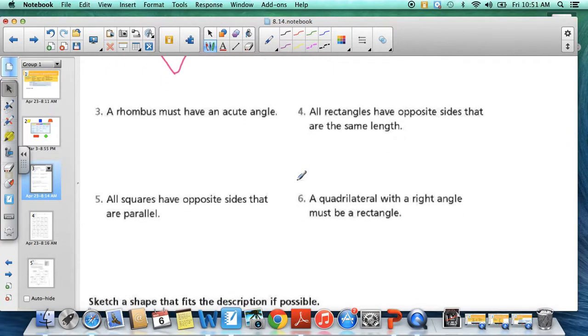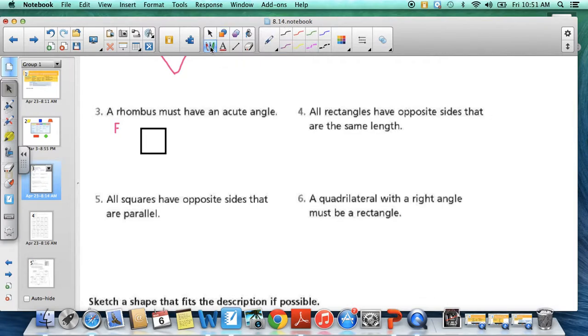For number 3, a rhombus must have an acute angle. That is false. And I will draw a rhombus that does have 90-degree angles. So actually, I'm just going to go up here, click this little baby, and oh, there we go.